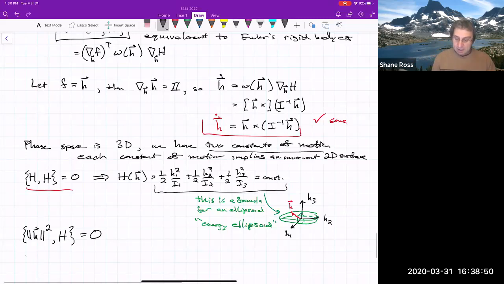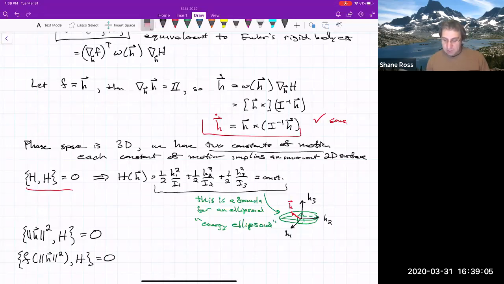In fact, any function of just the magnitude of the angular momentum has a Poisson bracket with h equal to 0. But this is the easier one to interpret, because this implies h1 squared plus h2 squared plus h3 squared equals a constant.